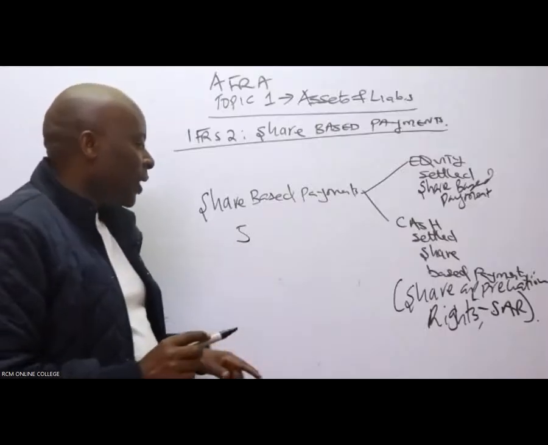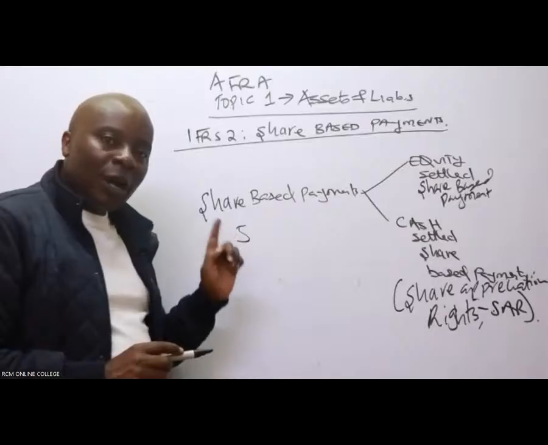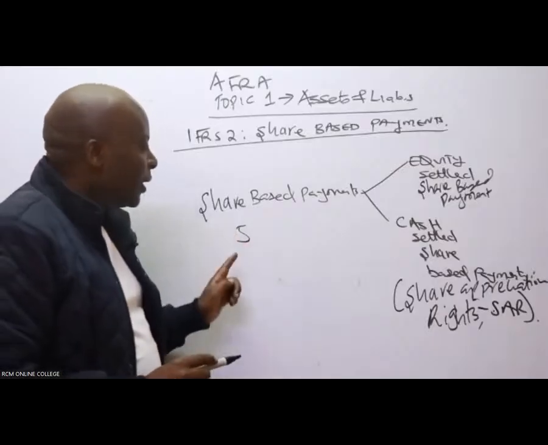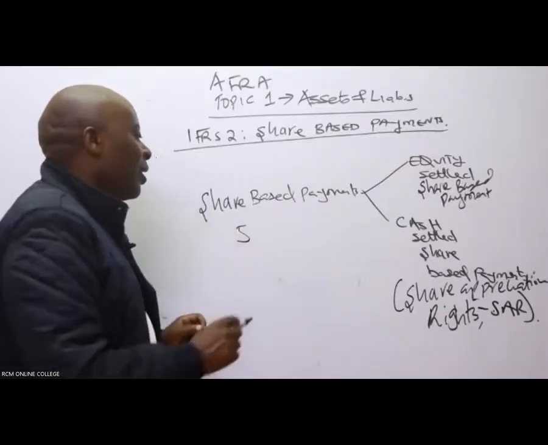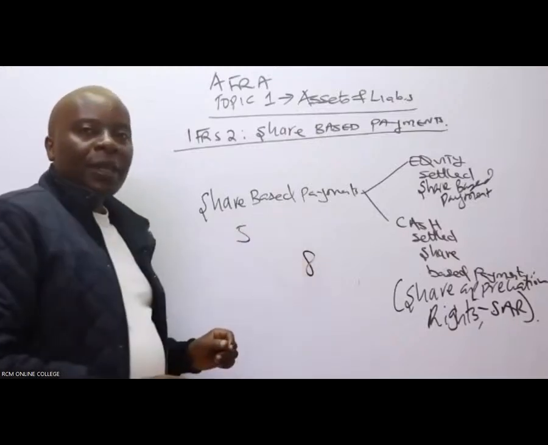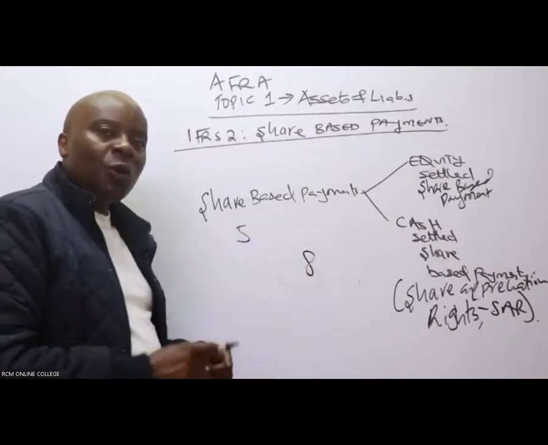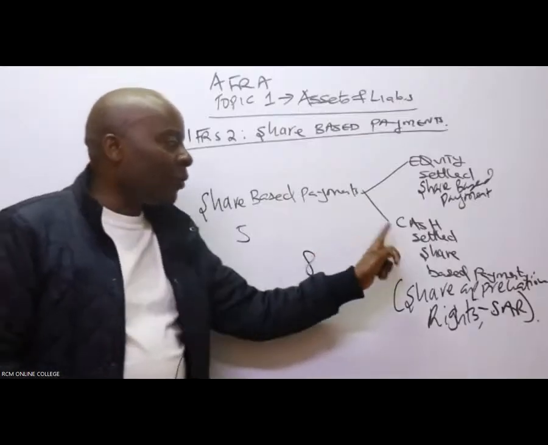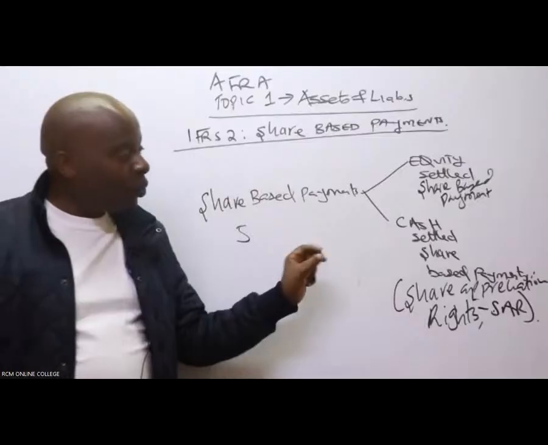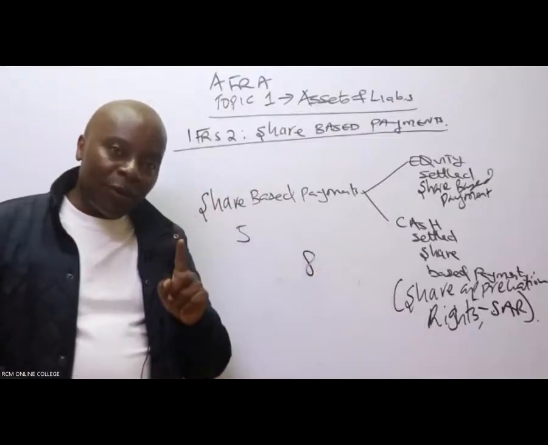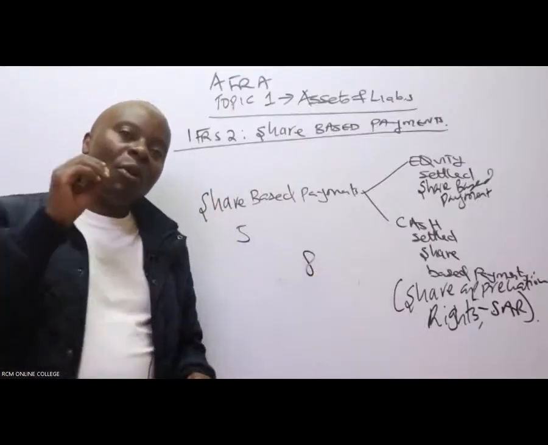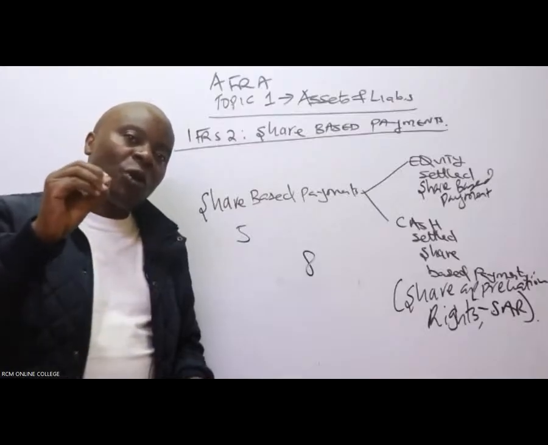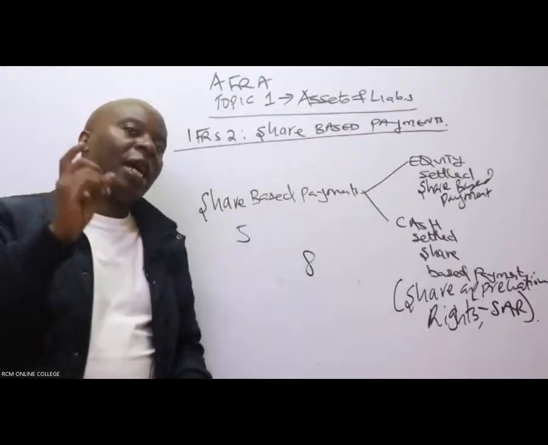Come end of the year, if our share price appreciates, for example, to 8, then we shall give you some bonus. We are not going to give you shares here. We shall give you money, bonuses. But this bonus is based on share price appreciation.